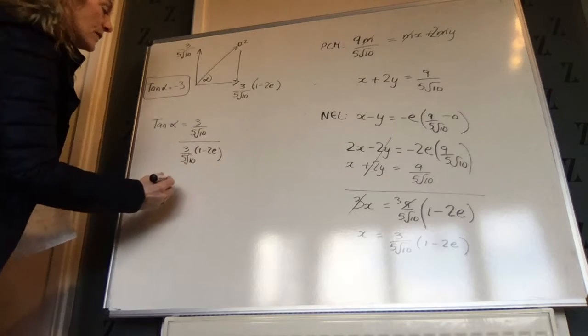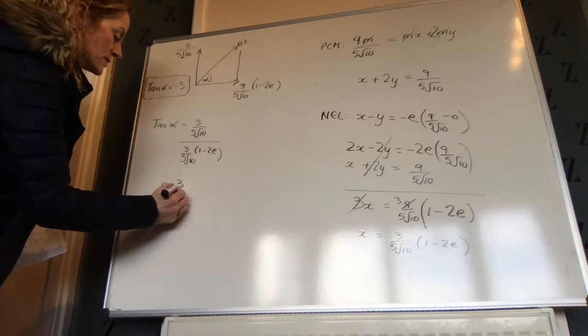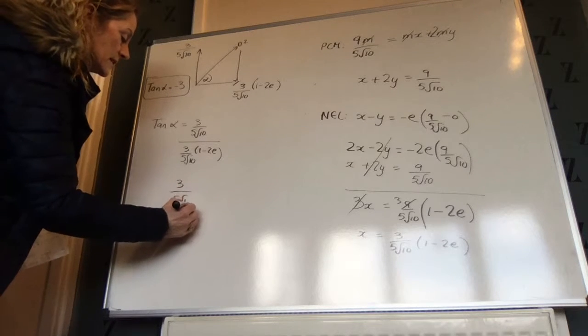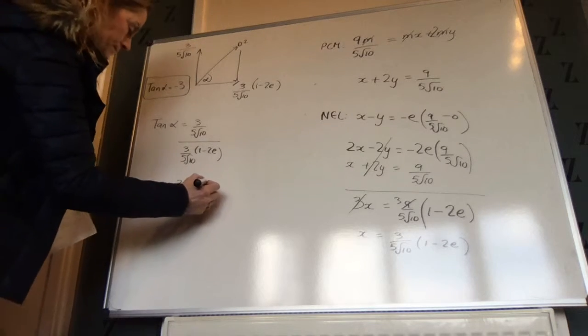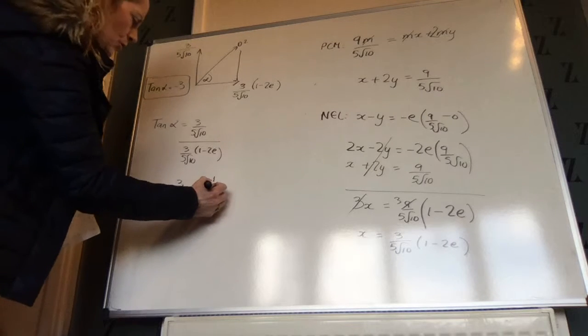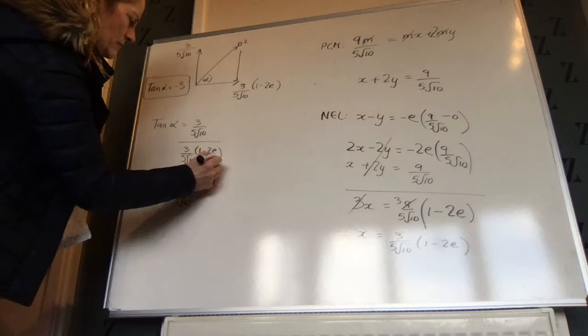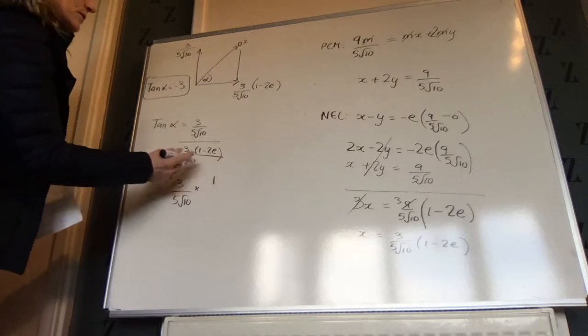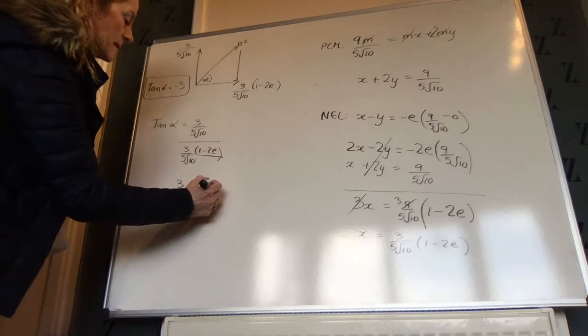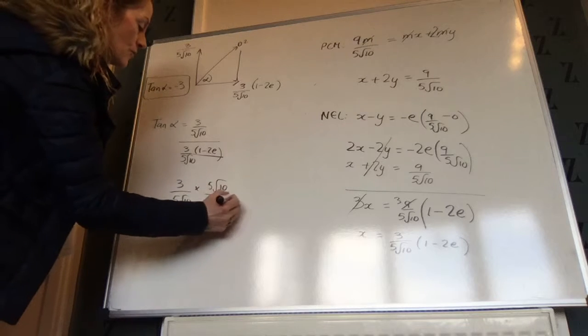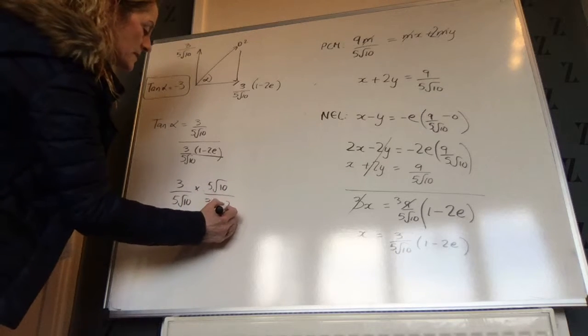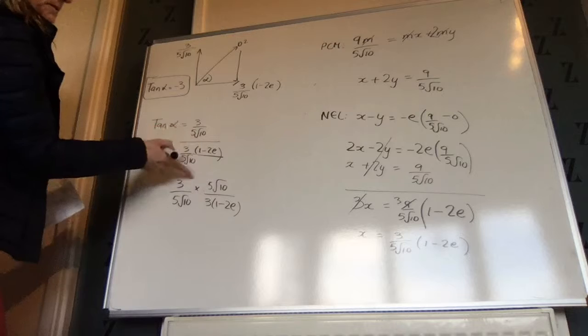When you divide by a fraction, you multiply by the inverse, so that's 3 over 5 root 10 multiplied by 5 root 10 over 3 times 1 minus 2e. We just turned it upside down.